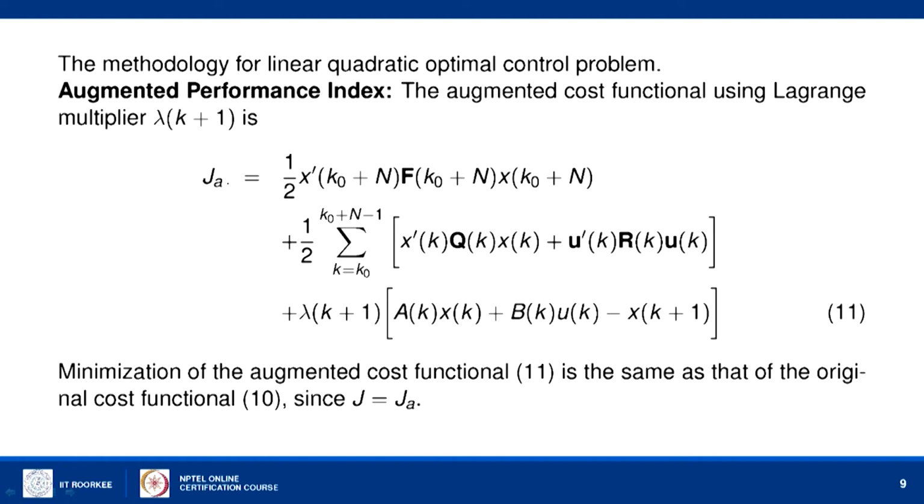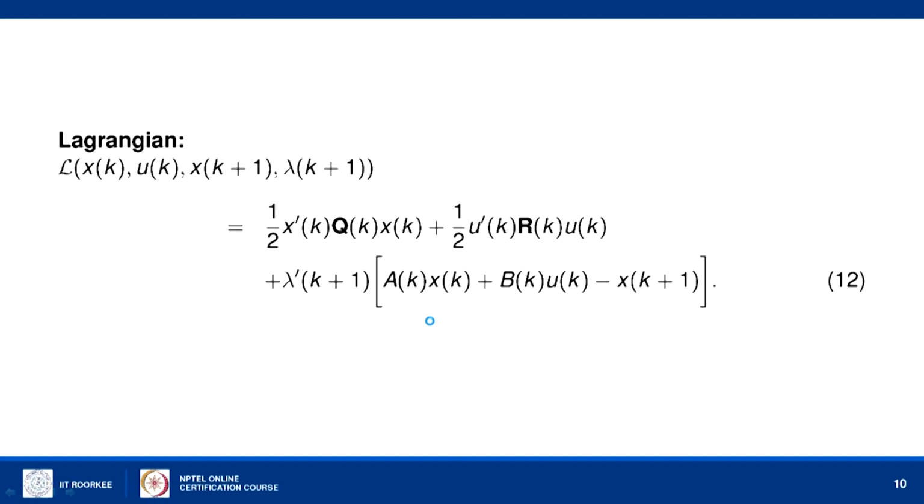So, the optimum value of J a, the augmented function, is the same as the optimum value of the performance index J without this last term. First we will optimize J a, and whatever solution we obtain is the solution for the original problem of optimizing J along with this constraint.